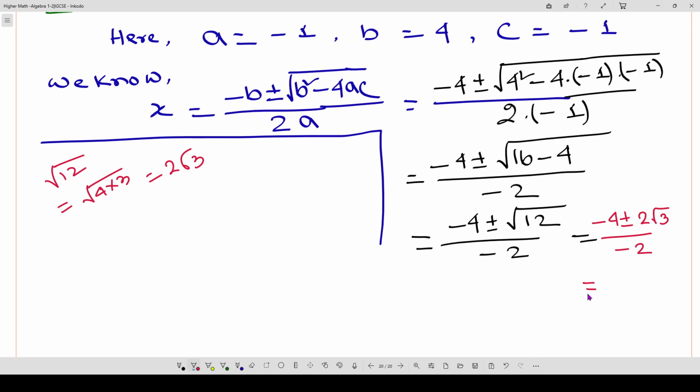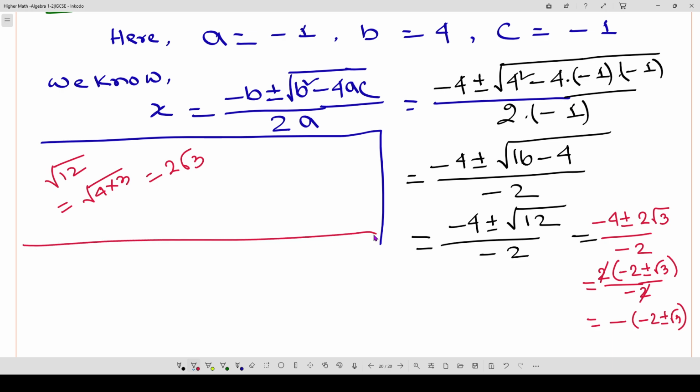From here we can take common 2. Here is minus 2 plus minus root 3 divided by minus 2, so 2 and 2 cancel out. We can write here minus, and then minus 2 plus minus root 3.